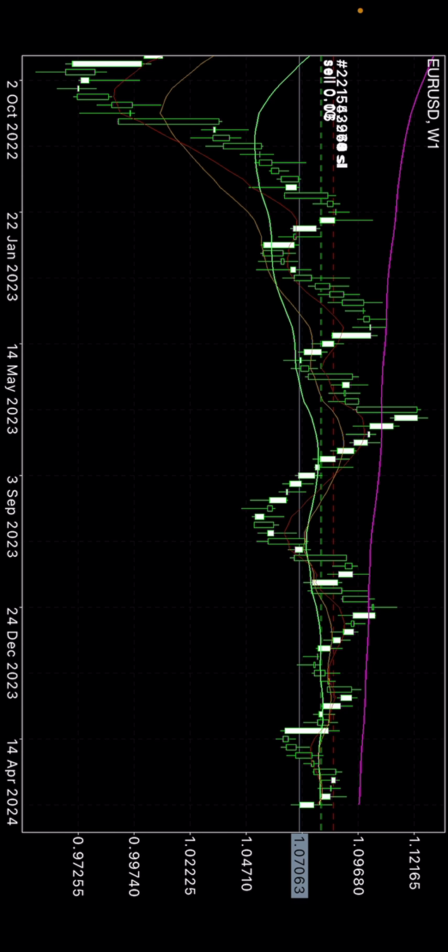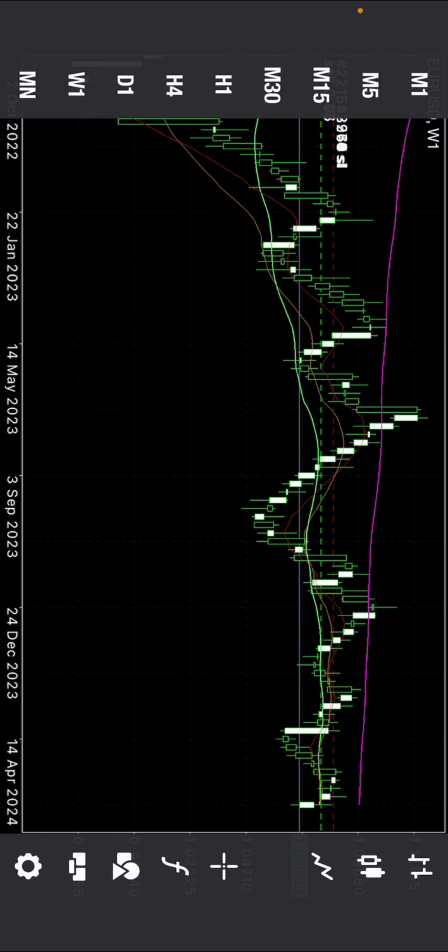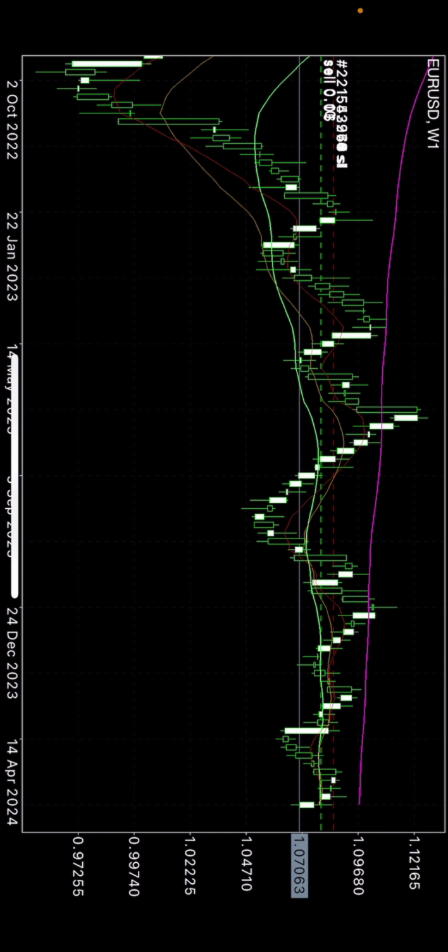Number three, we go to a lower time frame and wait for a clear of previous structure, and then a retest of that move that cleared previous structure, and then we enter our trades on that lower time frame, right? So without any further ado, let me just show you what I mean on the chart.